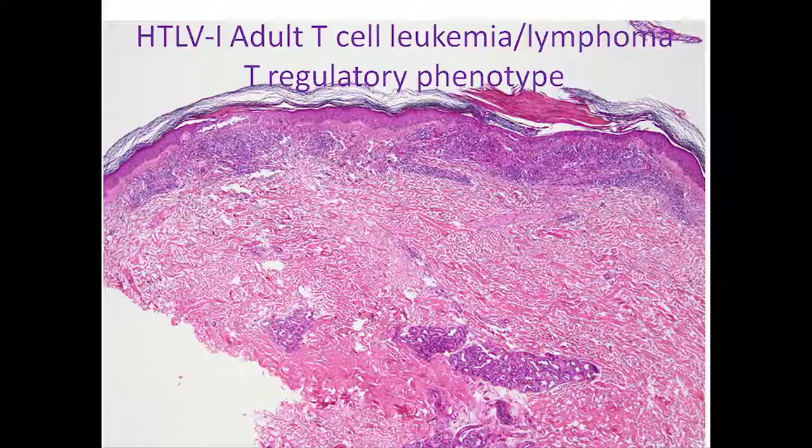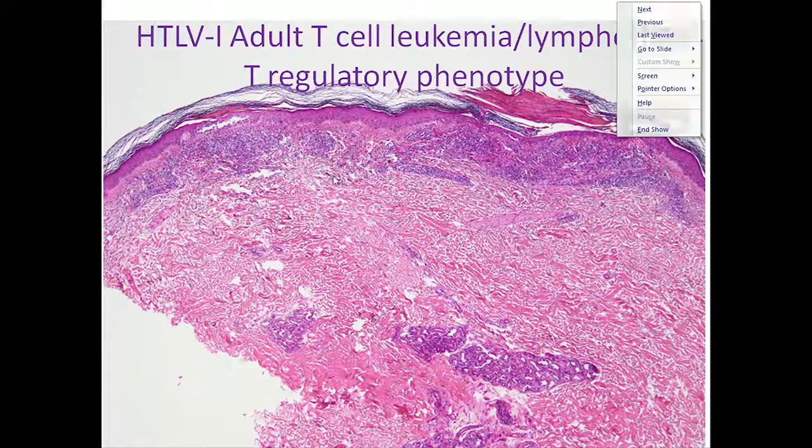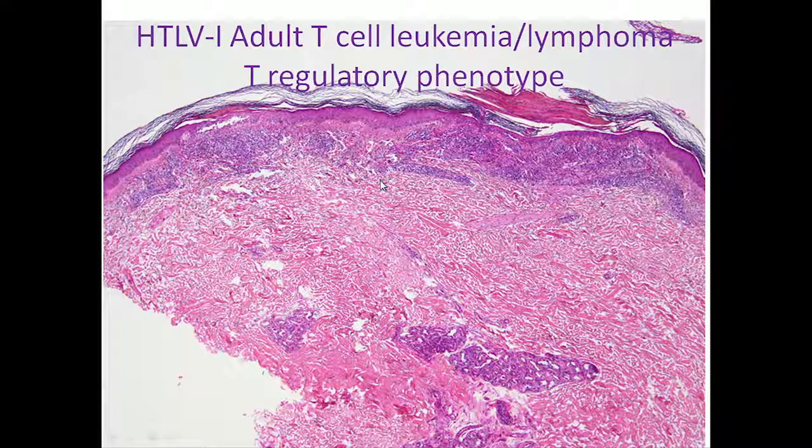What you have is a more robust T cell response with IL-2 secretion, which has an effect on those cancer cells. This is a patient who came to see us, a patient with ATLL. Those patients present with a waxing and waning papular process. They may present with erythroderma. Patients with HTLV-I induced adult T-cell leukemia lymphoma have a T regulatory phenotype.